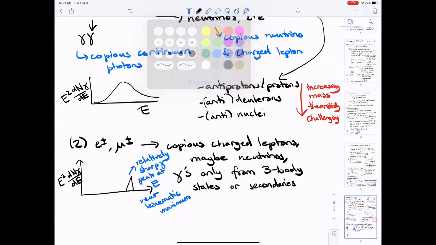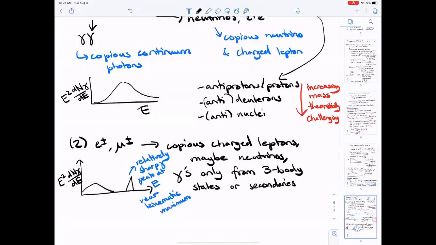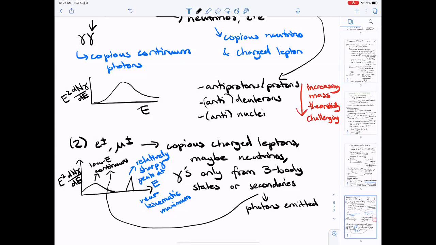And then what you will often see is a lower energy continuum of photons. This comes from secondary particles, so this is photons emitted as charged particles travel through the galaxy.